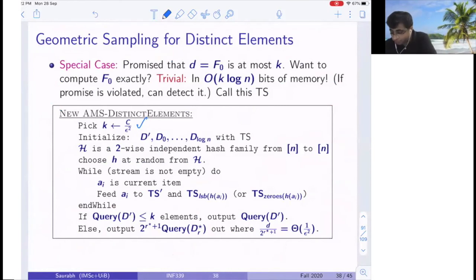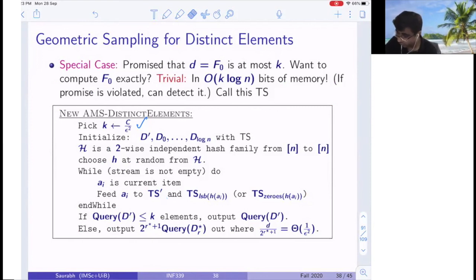Look, I have on purpose not used the D0 to D log n notation here, but this is what is happening. Whenever a_i is the current item, I feed a_i to D prime. Okay, this is not correct, it should be D prime. I think, okay, no, this is right.